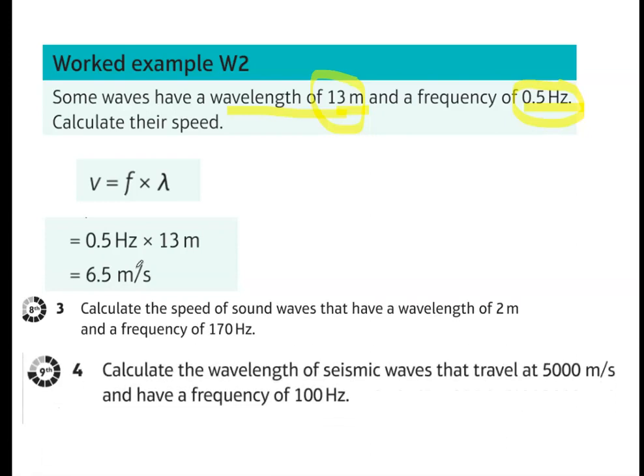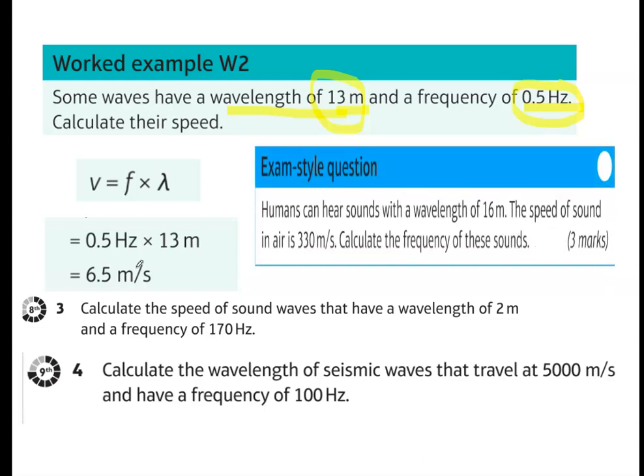And there are a couple of questions which you can do in your own time, and you can pause the video here. And there is an exam style question. Humans can hear sounds at a wavelength of 16. Look, you know the wavelength, you know the speed, you need to calculate frequency.